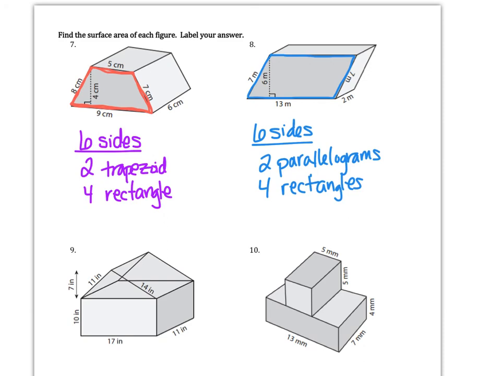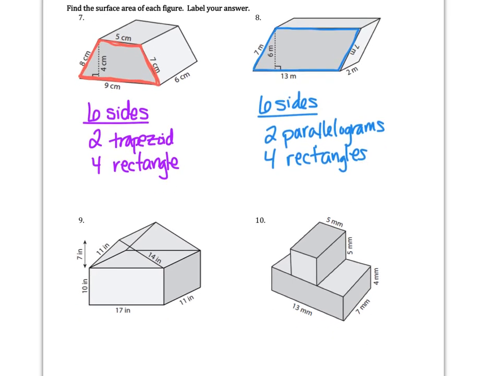And then down here, number 9 and number 10 have a variety of shapes. Number 9 looks like a rectangular prism with a triangular prism sitting on top. And number 10 is a rectangular prism with a smaller square prism sitting on top. So there are a lot of different faces on these 2 shapes.